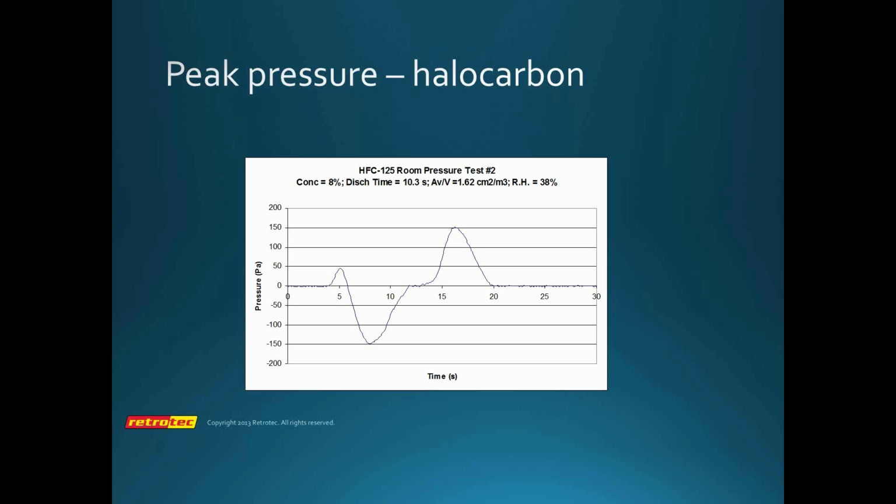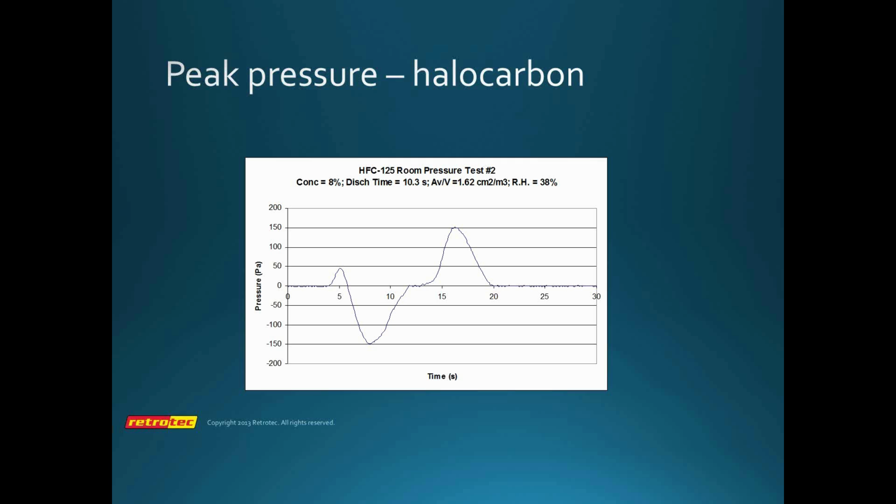Now, if we discharge an inert agent and a halocarbon into the same enclosure, yes, the inert agent will produce a lot more peak pressure. But since we have to make the enclosure quite a bit tighter for the halocarbon, the peak pressures can often be roughly about the same, maybe a little bit more for the inert agents, but in some instances the halocarbons can actually produce more peak pressure than inerts.